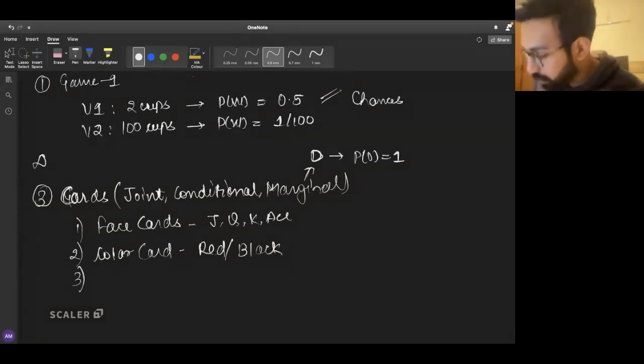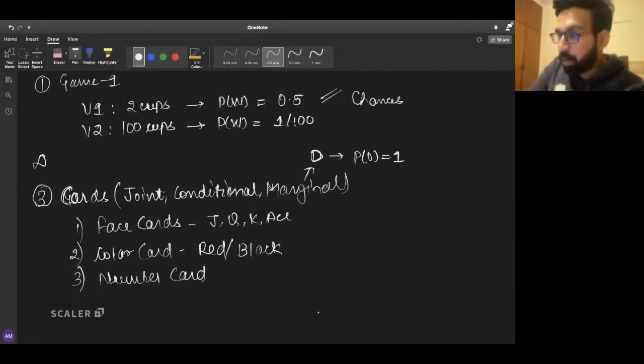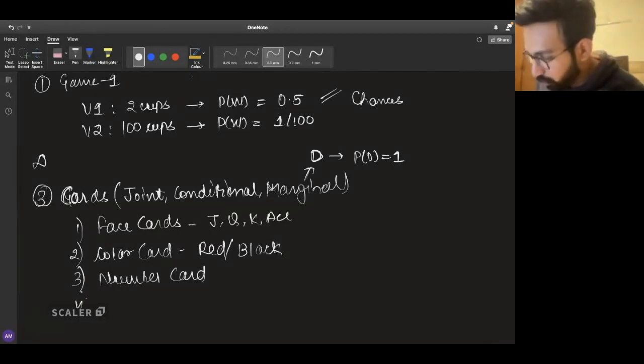You can otherwise choose a number card. So you're going to bet that the card which will be taken out from the deck will be a number card. I hope I don't have to explain all of these. Then maybe you can bet on something like an odd number or an even number.